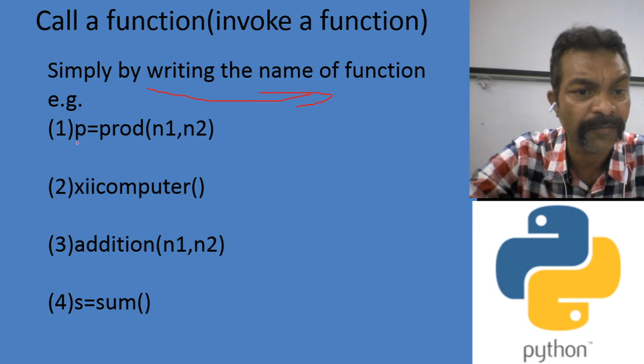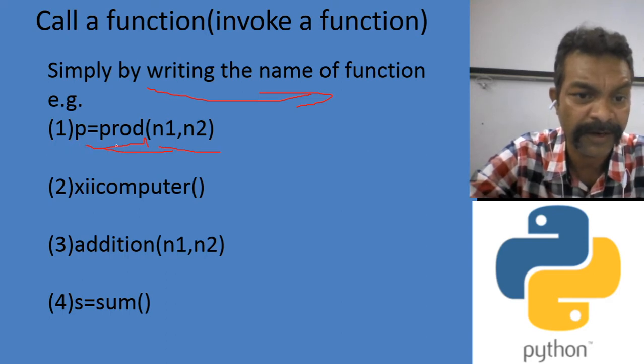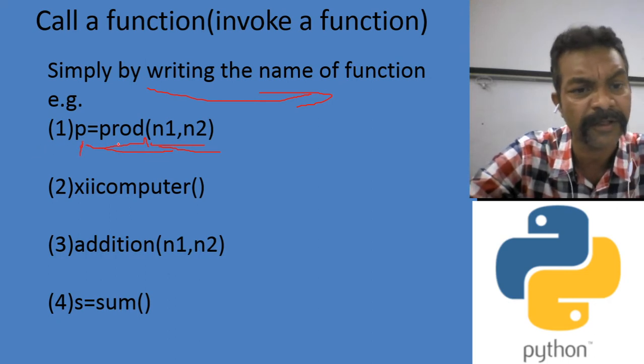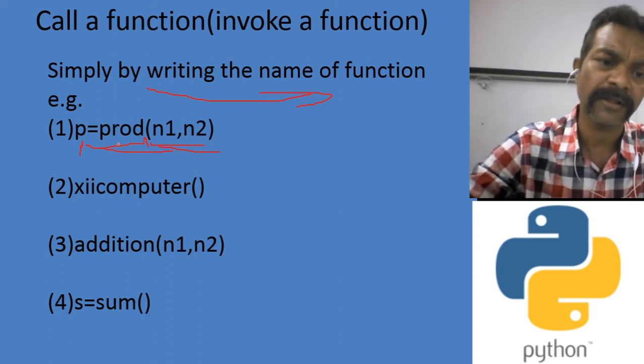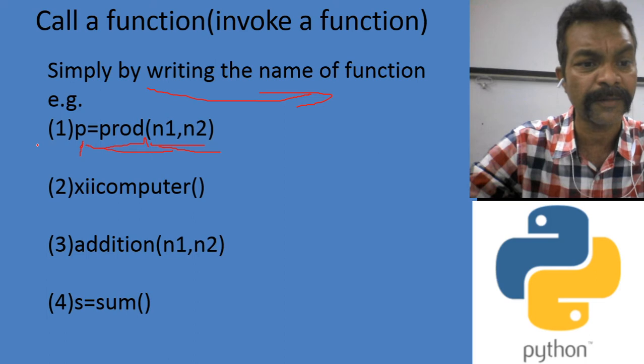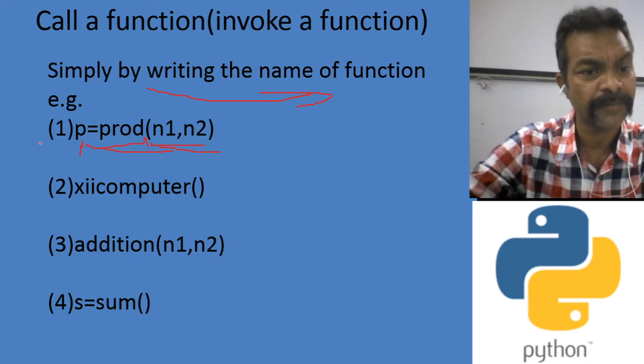See, this is the name of the function we are writing here, and because that function was receiving two values, n1 and n2 are here with the function name, and one more variable is used here. For what? Because this function is returning some value. When a function returns some value, we have to store that value somewhere. That is why we are using the variable p here.